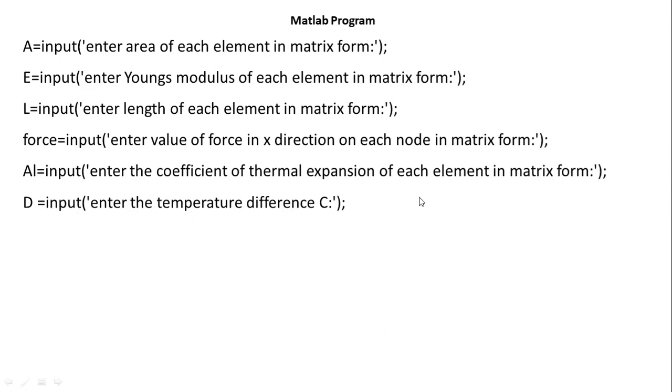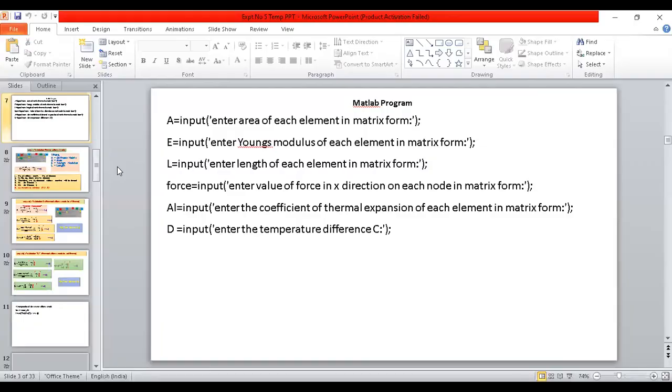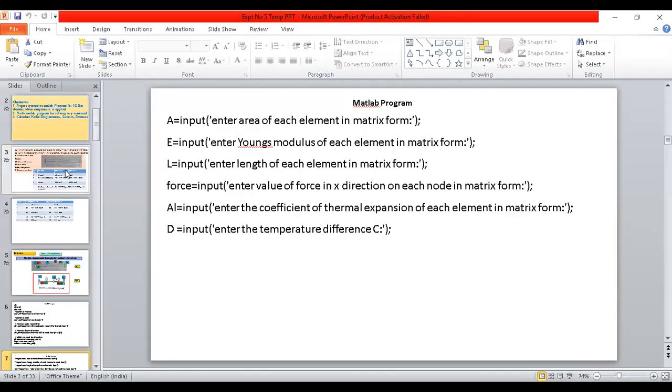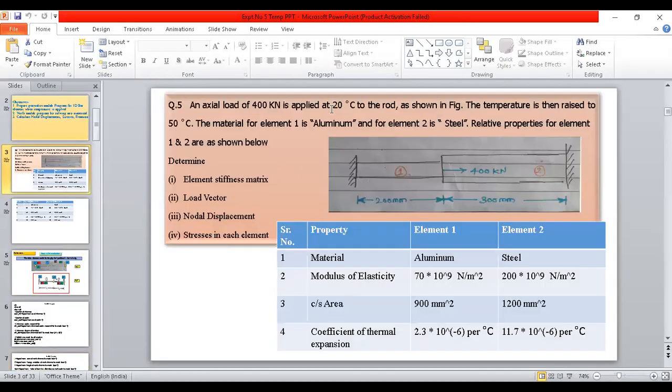Then D is nothing but the temperature difference. The initial temperature equals 20 degrees, and the temperature rises to 50 degrees, so the maximum temperature minus the initial temperature is the temperature difference.